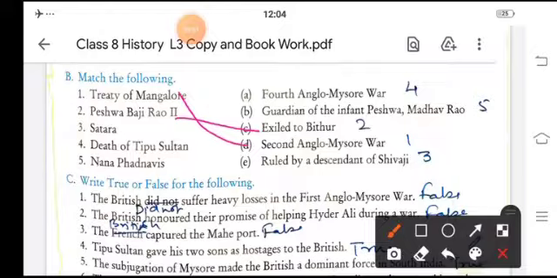Satara, ruled by a descendant of Shivaji. Fourth, death of Tipu Sultan, Fourth Anglo-Mysore War. And Nana Fadnavis, guardian of infant Peshwa Madhav Rao.